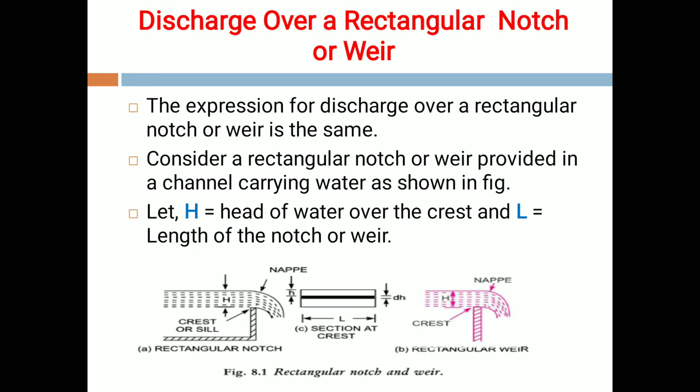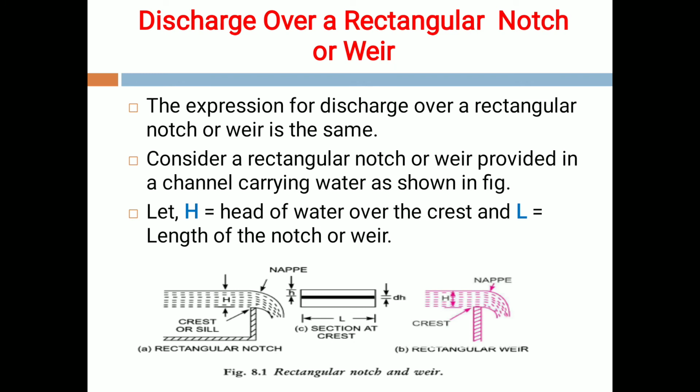Then discharge over a rectangular notch or weir. I have explained the nappe and crest in the last slide. You can see in the figure the nappe and crest of the rectangular notch.